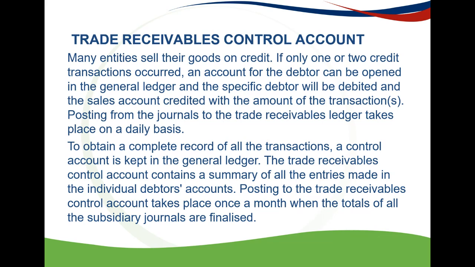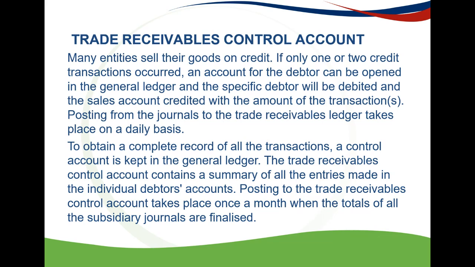The detail you can find in the debtors account in the trade receivables ledger, and in the sales journal or the sales returns journal, you are going to find the detail of the transaction. But in your control account, you only want the total.